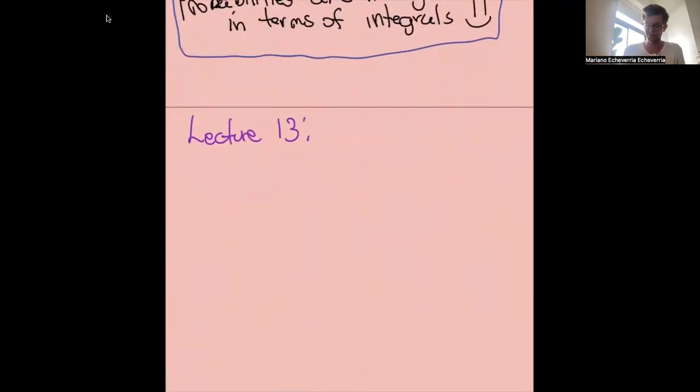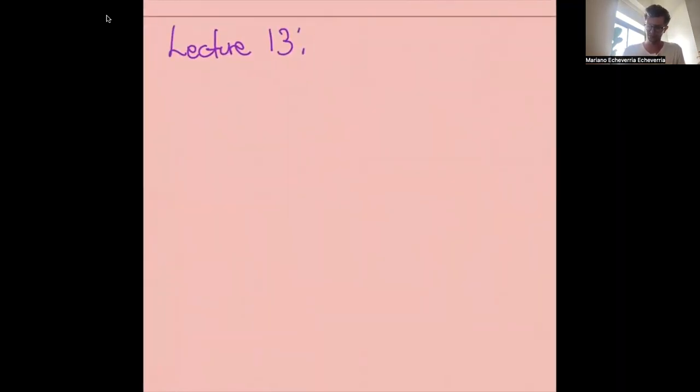So let me just give you that. So for today, what would be continuous probability? Or let me put it like this: probability when the random variable can take a continuous set of values.